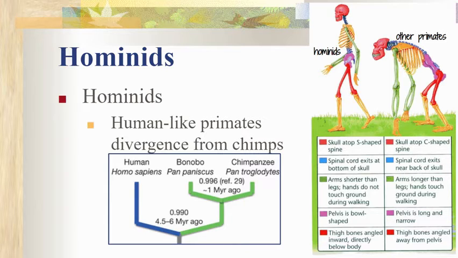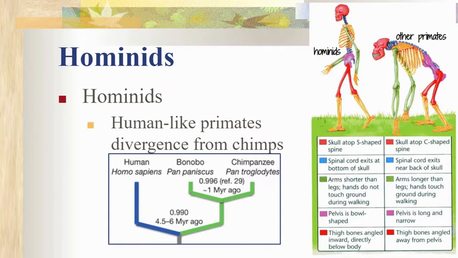For hominids, there's a skull atop an S-shaped spine, and that's because we walk on two legs, where other primates have their skull atop a C-shaped spine, and that's because they are walking on all fours. For hominids, the spinal cord exits at the bottom of the skull, once again, because we walk on two legs. And for other primates, the spinal cord exits near the back of the skull, more horizontally, because they're walking on all fours.